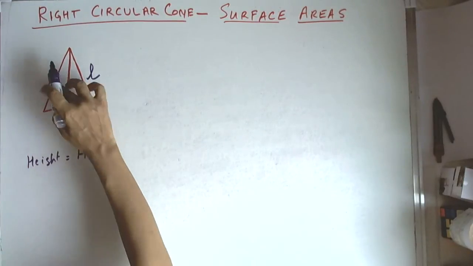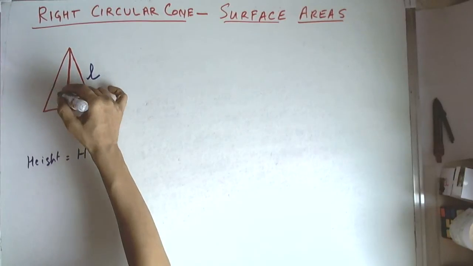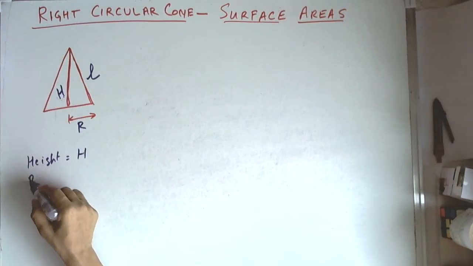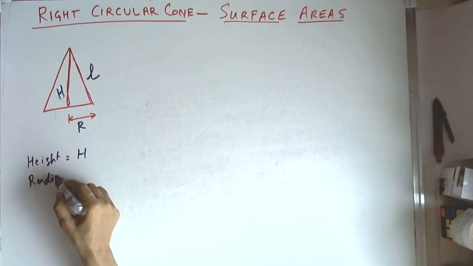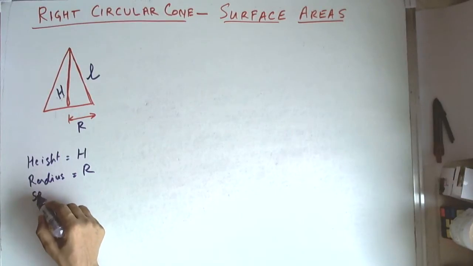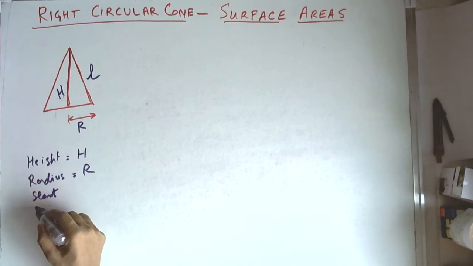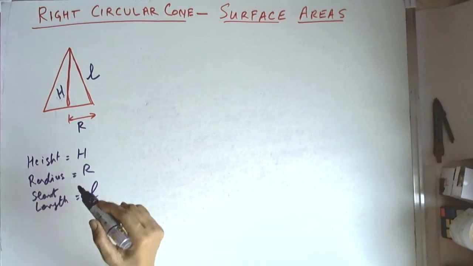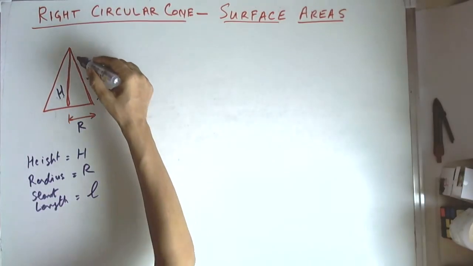I think I'll put capital H so that it is clear. So the height is H, the radius is R, and the slant length is L. Slant length is this length.